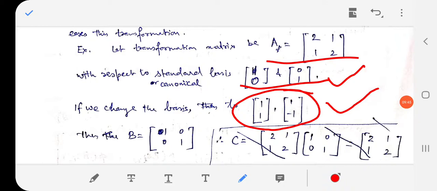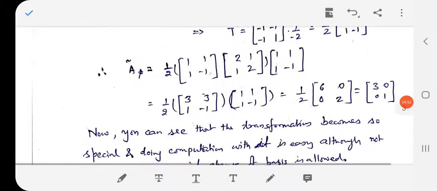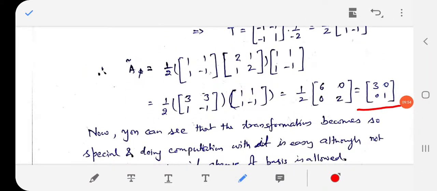Now if we change to this, then A phi tilde comes out to be like this, which is beautiful in the sense that it has only two non-zero values. The other two entries are zero, which makes it computationally easy, computationally less expensive, and that is the big benefit of this particular transformation. So that's it for this particular video.